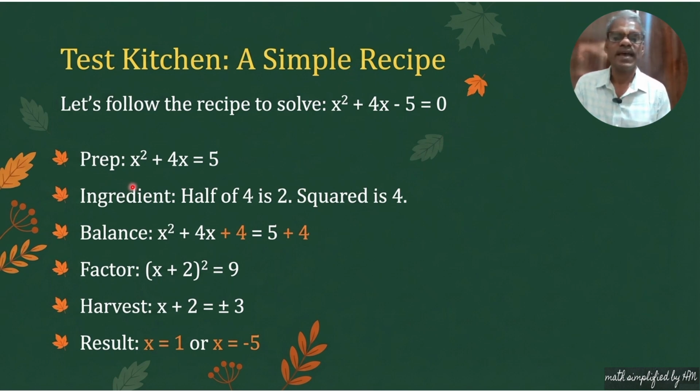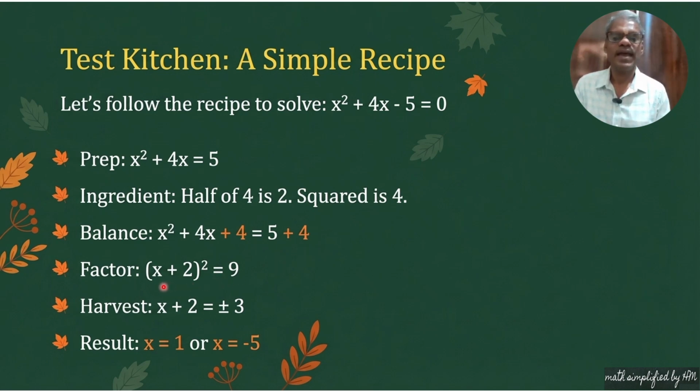So first, x square plus 4x is equal to 5, moving minus 5 from left to right.